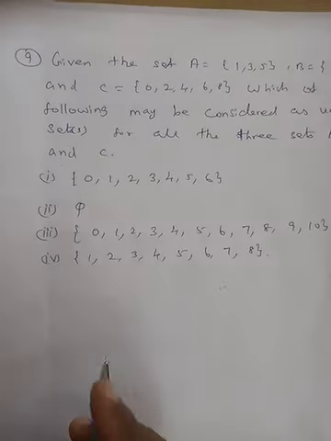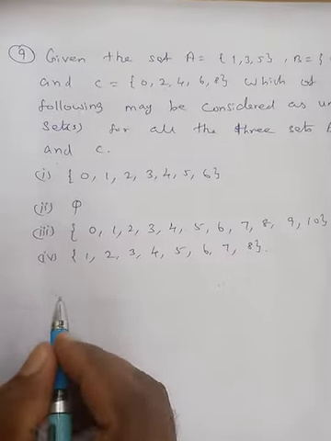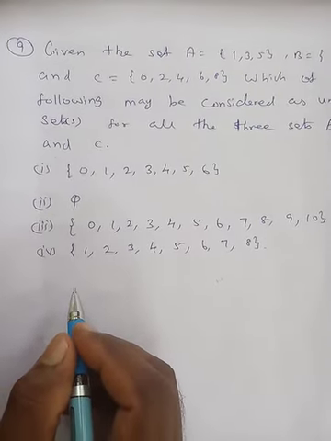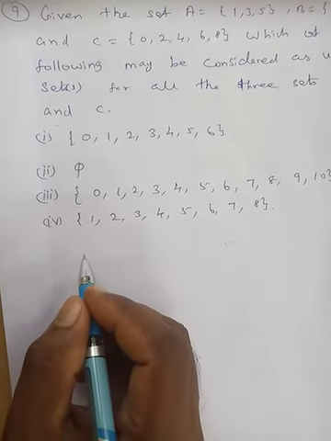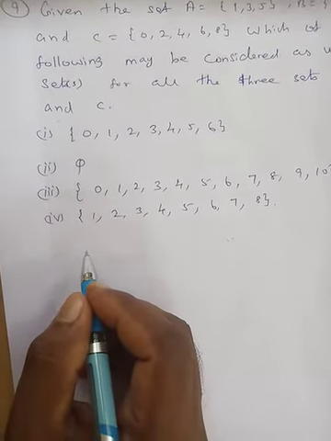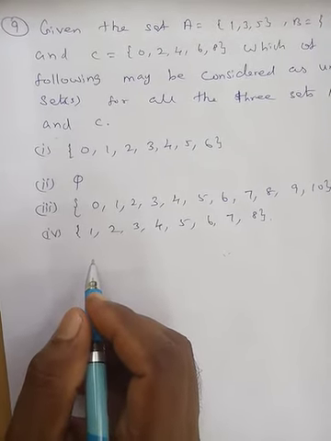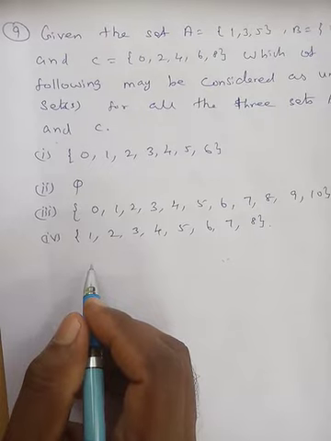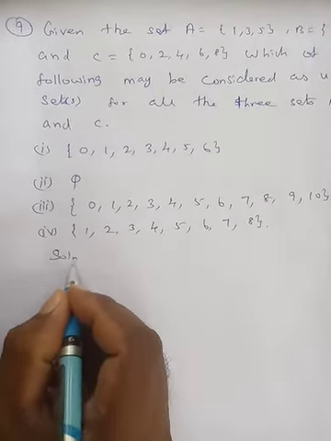Question number 9. Given the sets A equal to 1, 3, 5, B equal to 2, 4, 6 and C equal to 0, 2, 4, 6, 8. Which of the following may be considered as universal sets for all three sets A, B and C? Solution.